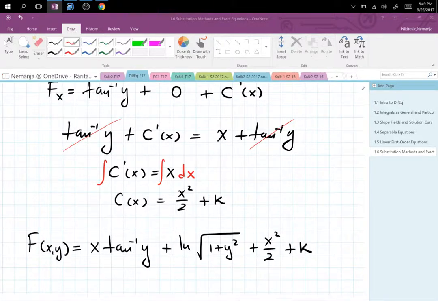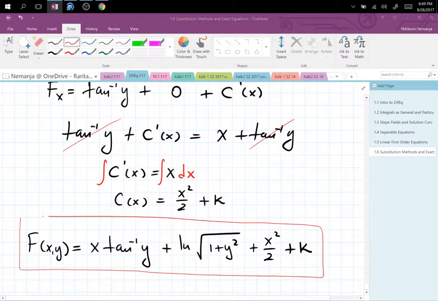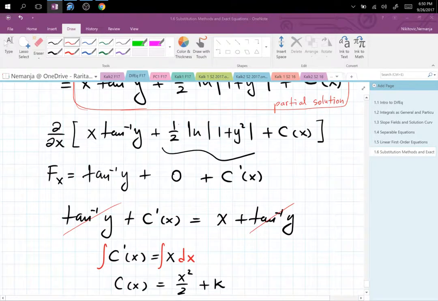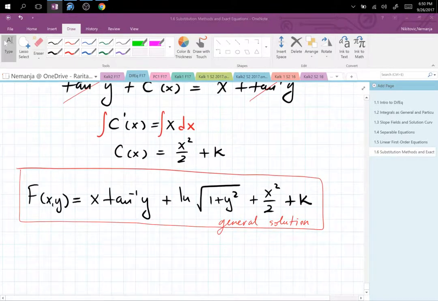This over here is the general solution. I had 1/2 in front, so I brought it in as the exponent and it becomes a square root.